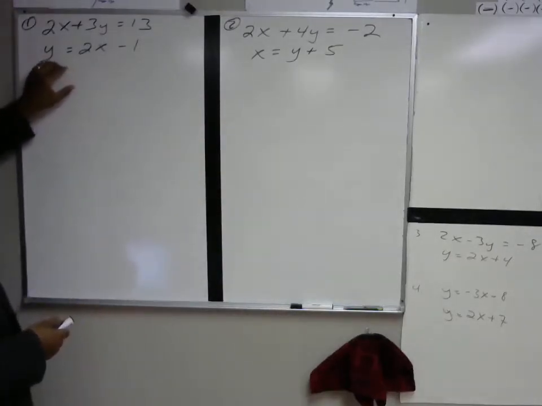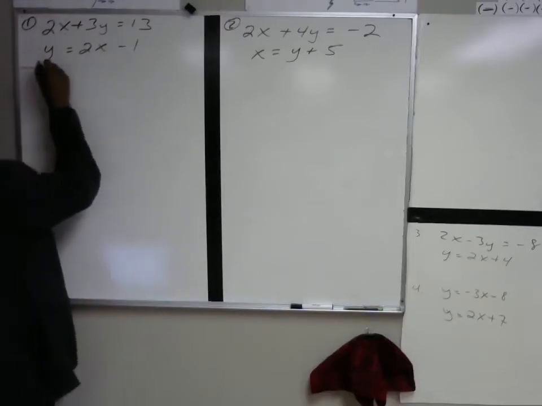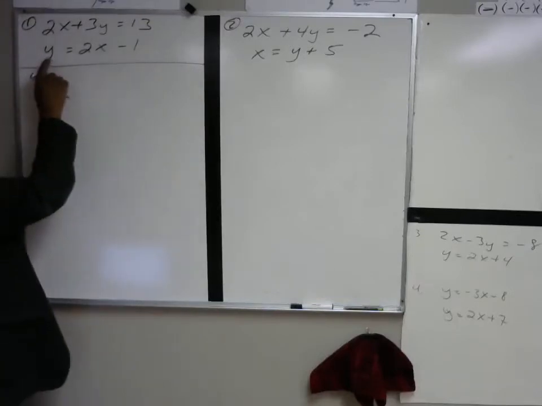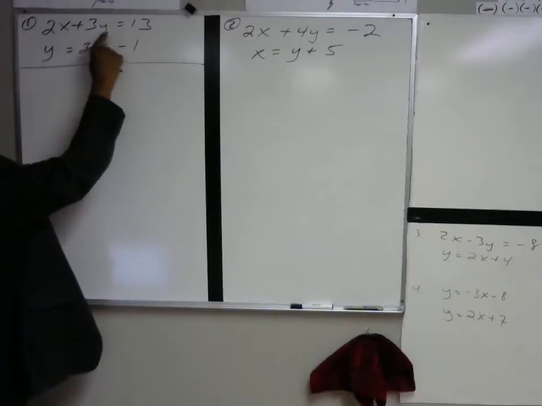For substitution, we need a y equals or an isolated variable. So we have one, y equals 2x minus 1. Let's put a little line of demarcation here, and we're going to start with substitution of the y. So I'm going to write down the 2x plus 3y is 13.